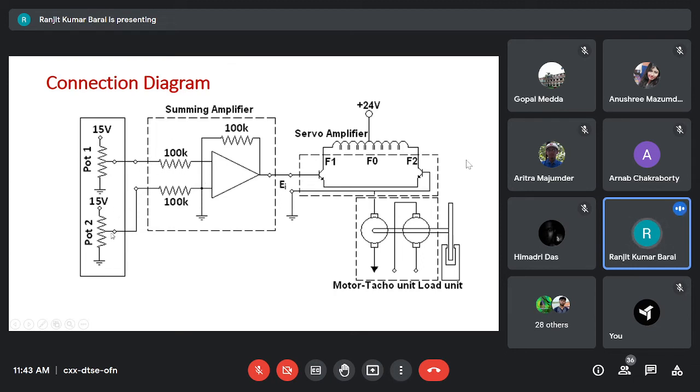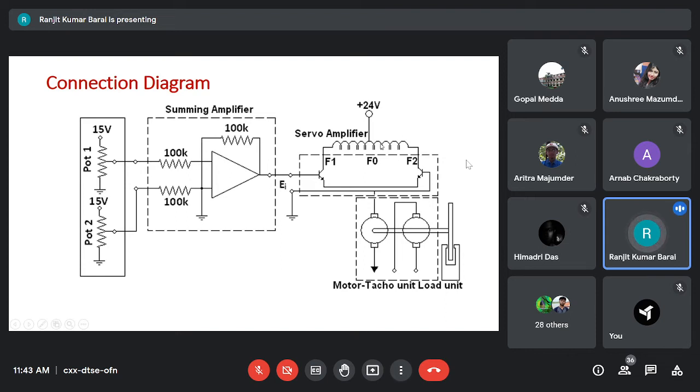You can directly take the potentiometer output to the servo amplifier, and the servo amplifier will amplify the voltage given by the pot and apply it to the armature. If we change the potentiometer output, the voltage appearing at the armature terminals of the motor will also vary, but it will have some power gain, a driving capability, as it is passing through the servo amplifier.